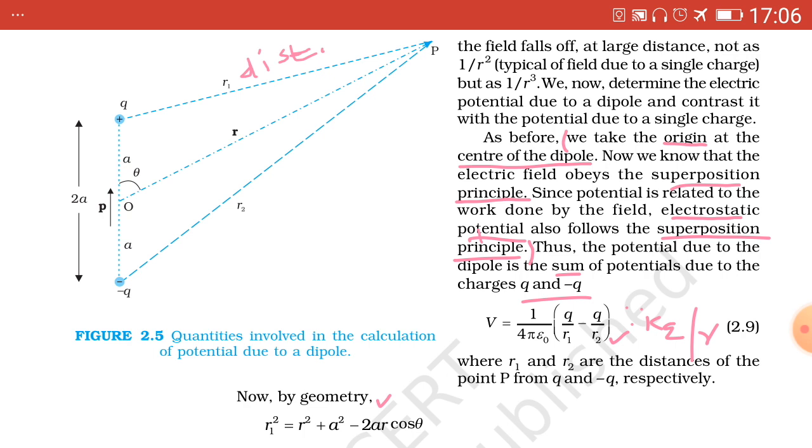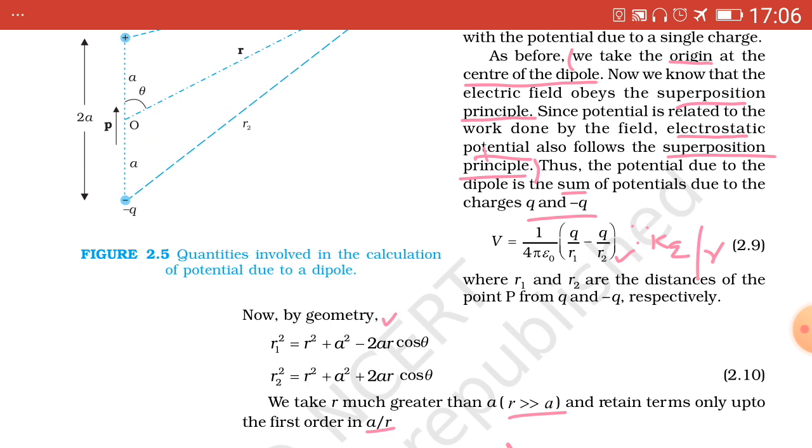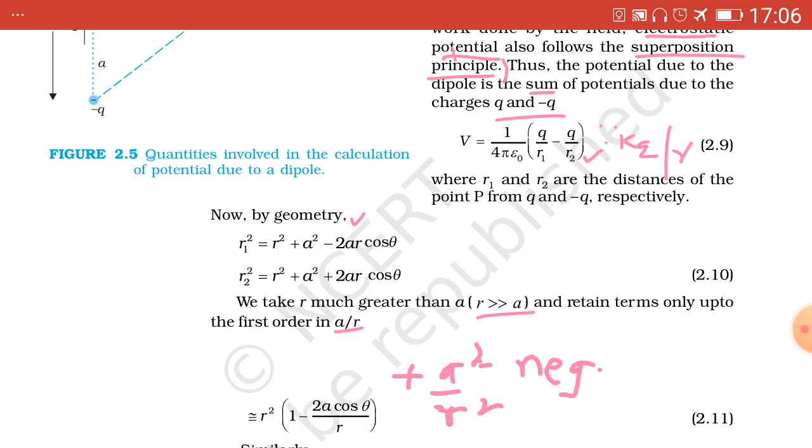Therefore, V equal to 1 upon 4 pi epsilon 0, that is small k, Coulomb's constant, into bracket q upon r1 minus q upon r2, because it is kq upon r, where r1 and r2 are the distances of point P from q and minus q respectively.